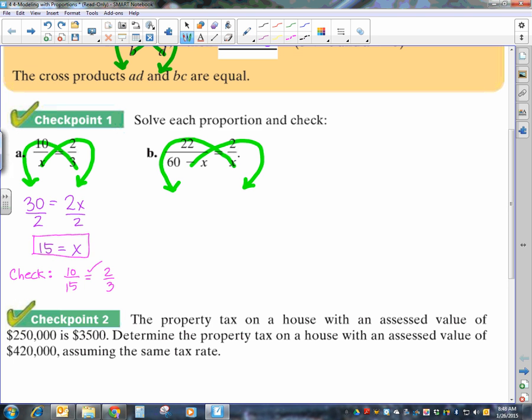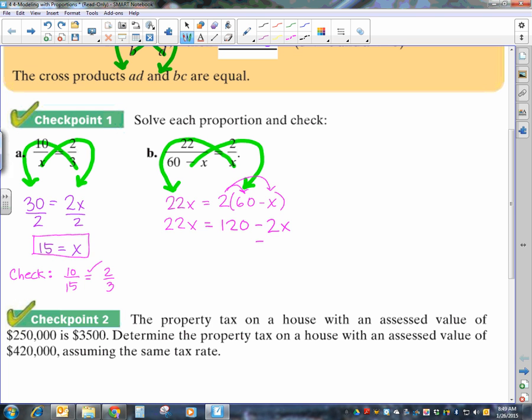So when I write that, it's going to be 22 times x equals 2 times (60 minus x). So this side has not changed, 22x. This I've got to distribute. So that's going to equal 120 minus 2x.